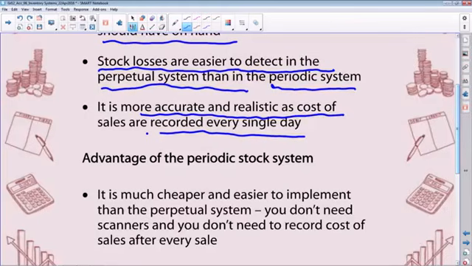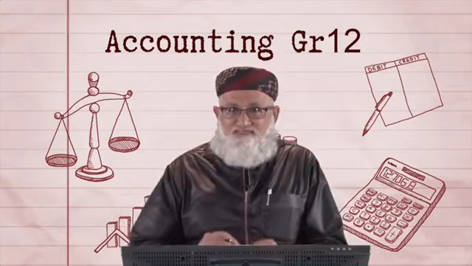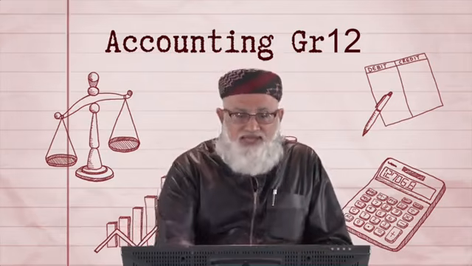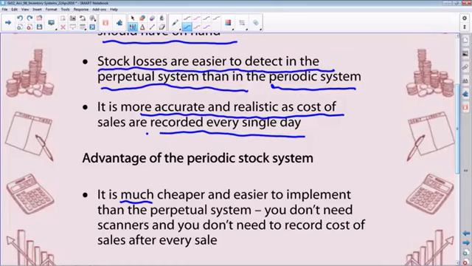let's look at the advantages of the periodic system. Certainly, it is used by certain types of businesses, and the key characteristic of the periodic system, which we would classify under advantages, would be it is much cheaper and easier to implement than the perpetual system.